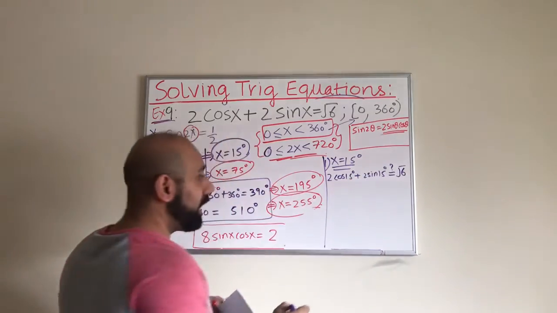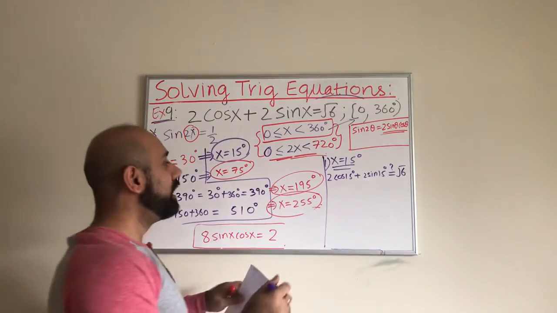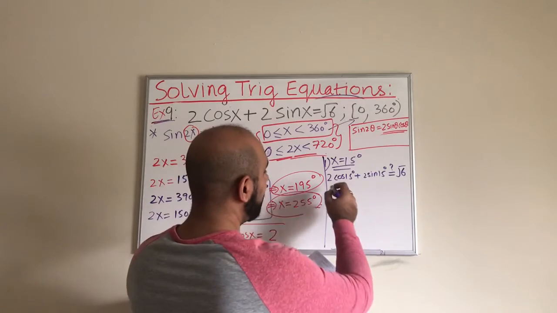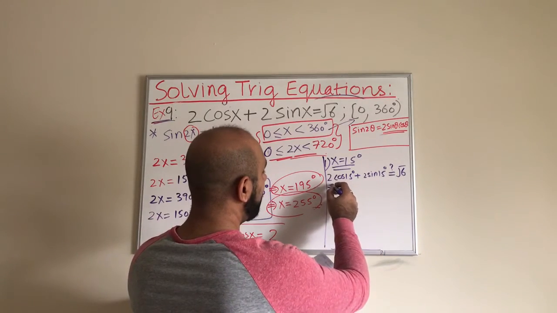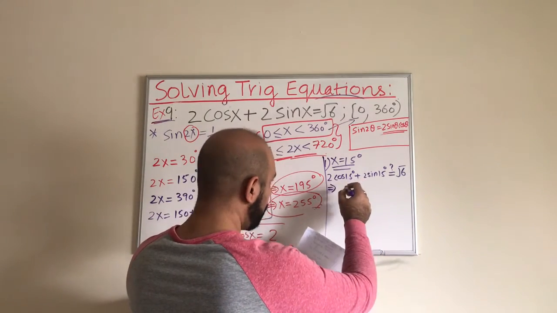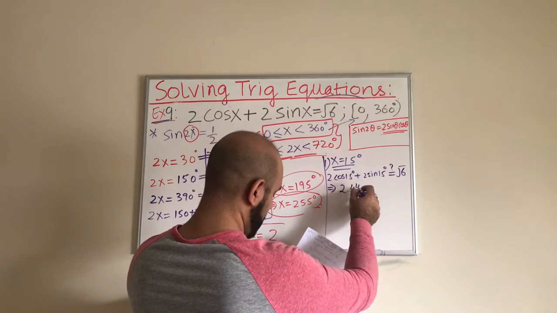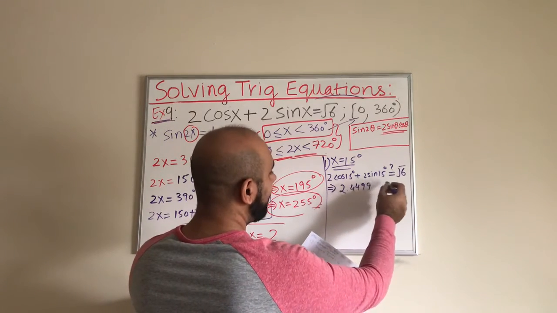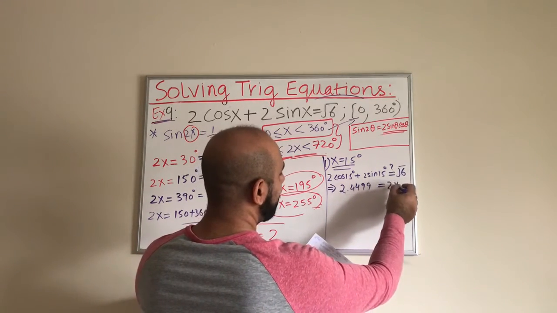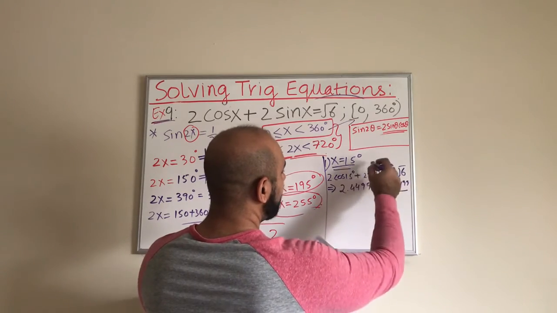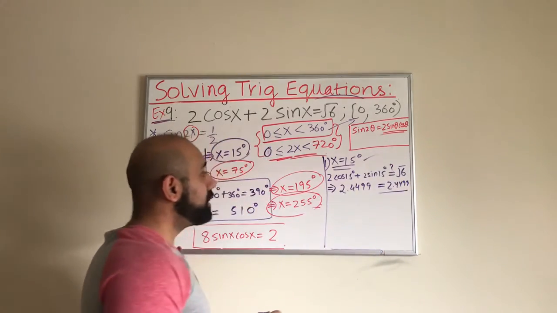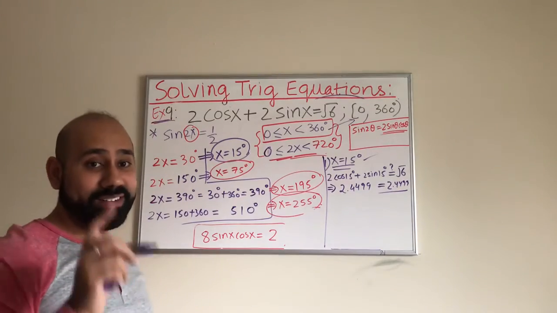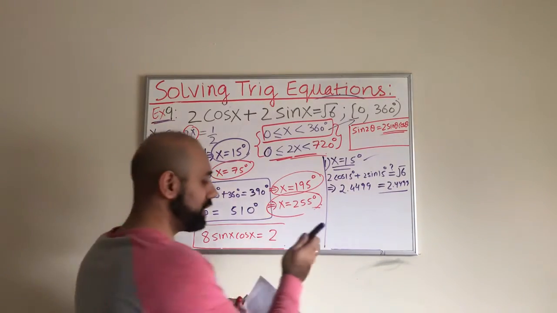So guys, I used a calculator to simplify the left hand side and also the right hand side. When I simplified the left hand side using the calculator, I got something close to 2.4499, and the right hand side was exactly the same thing. So it satisfies the equation. So that means x equals 15 degrees is definitely one of the solutions.